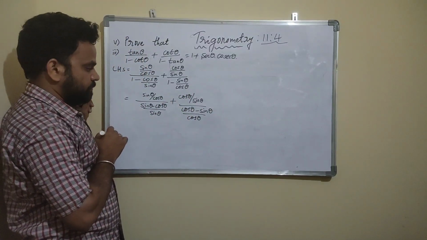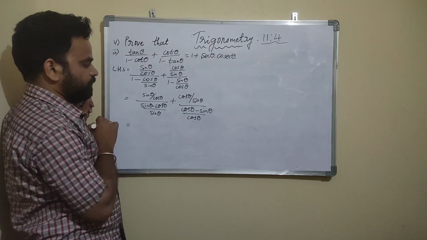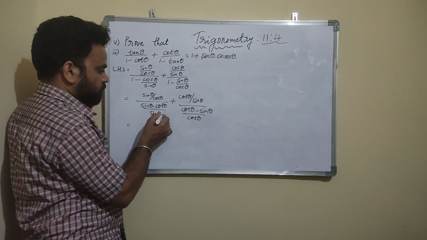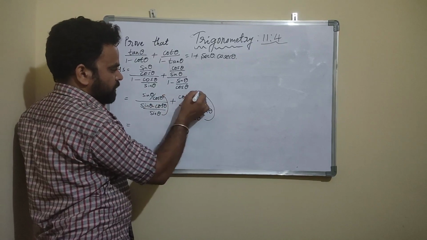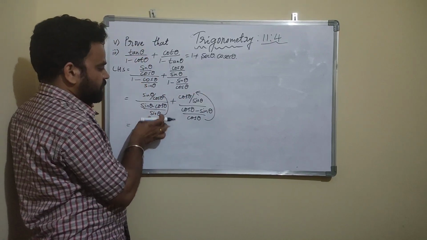Then which is equal to, see this will go up, this will go here and this will go here, it will multiply with the numerator. Here also sin theta, here also sin theta.